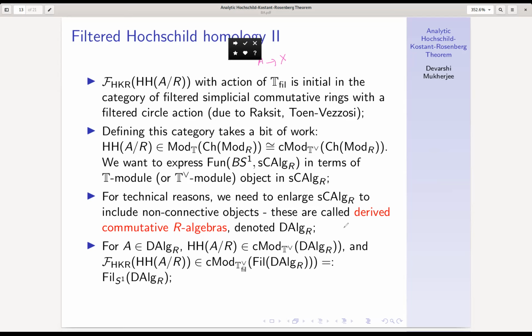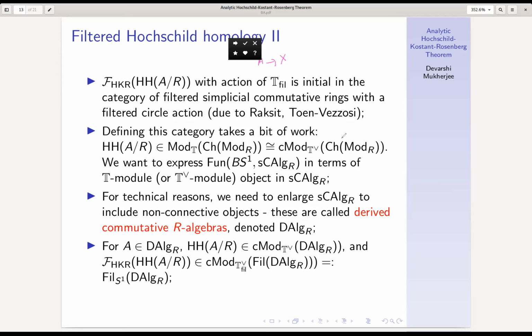Now, the way to do this is using a theory that's being developed by the names that I previously showed. It's called the theory of polynomial functors. What you want to do is enlarge simplicial commutative algebras to include non-connective objects, and the reason is that this thing is not a connective object.